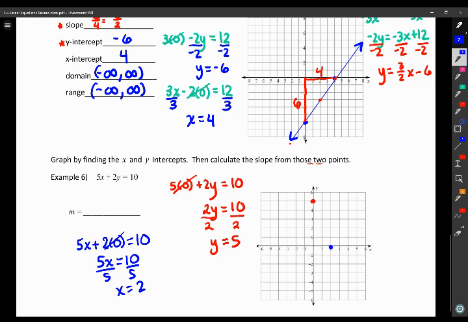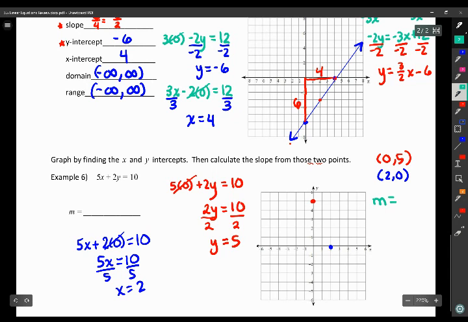So my points then are, we'll just do it over here to the side. My first point is the point (0, 5). And then my second point is the point (2, 0). And so if you remember at the top, they talked about how you can find the slope, that it's y minus y over x minus x. So this is my x and this is my y. So if I do 5 minus 0, I get 5.